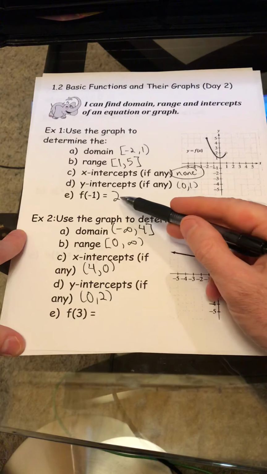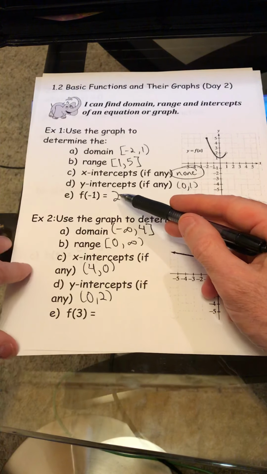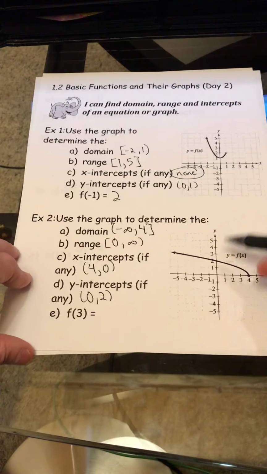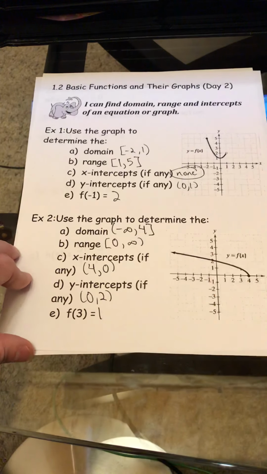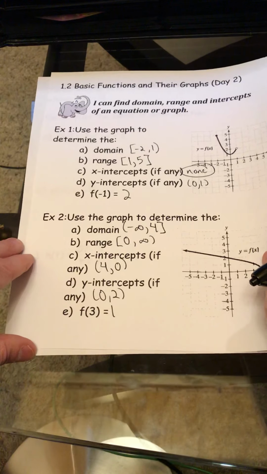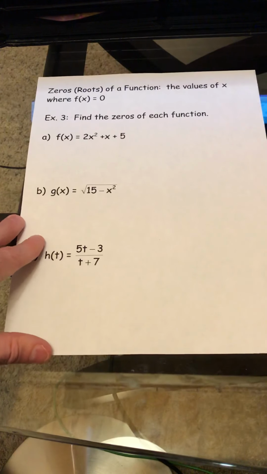And much like we did up here, find a value of the function: what is the value of the function when x is 3? Go to 3 along the x-axis and find where the graph actually meets that value. Y is 1. So a couple of graphs there.